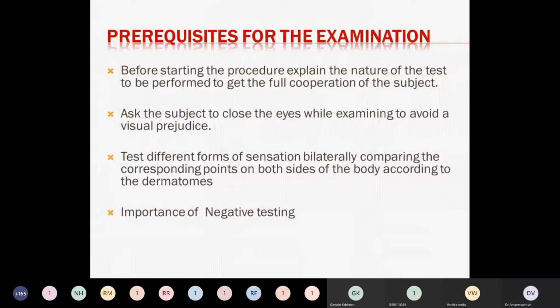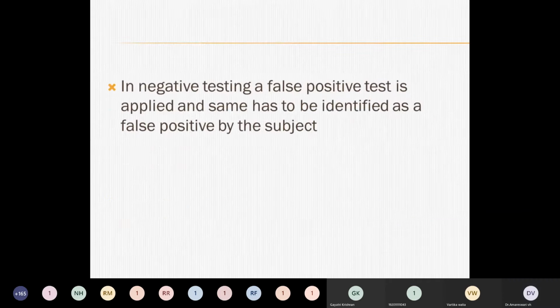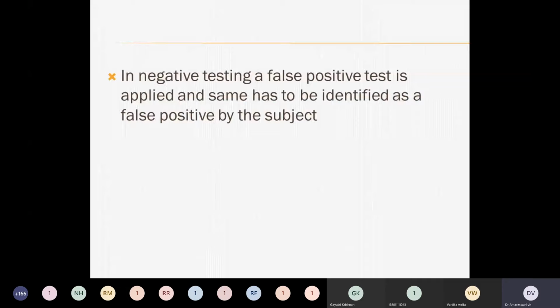And also you have to do negative testing. What do you mean by negative testing? Negative testing is a false test. You are not actually testing, so you are presenting a false test to the subject, and the subject has to tell you that you are not doing the test right now. This is negative testing.